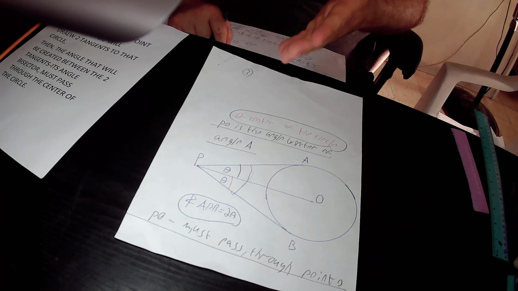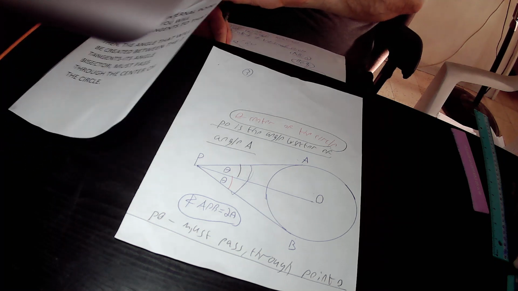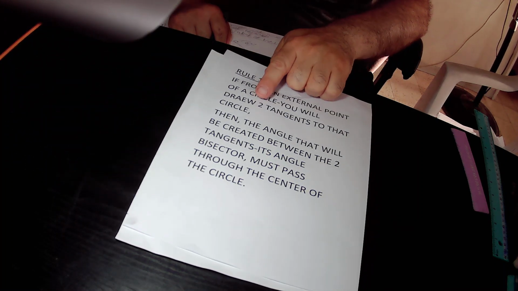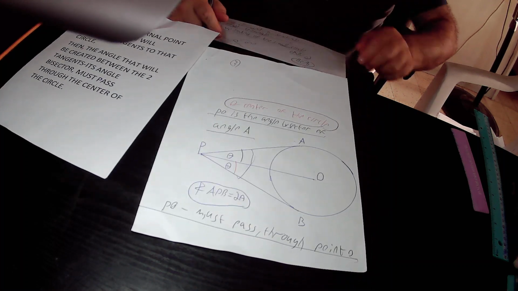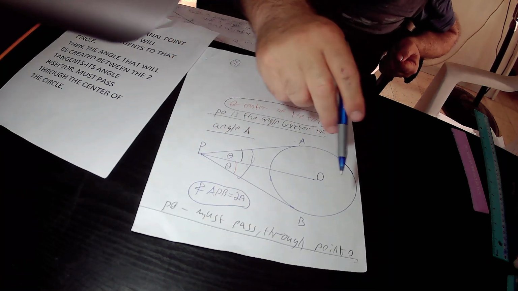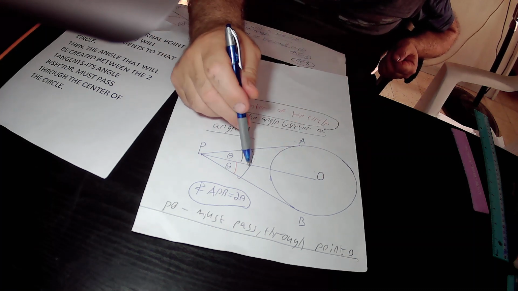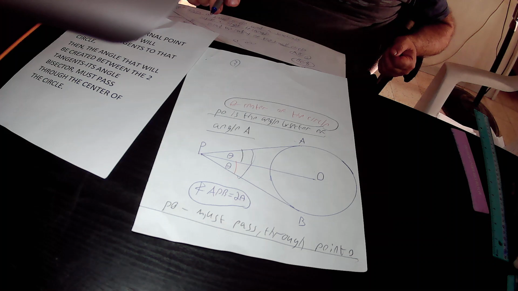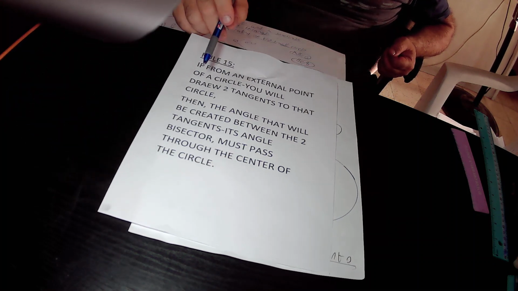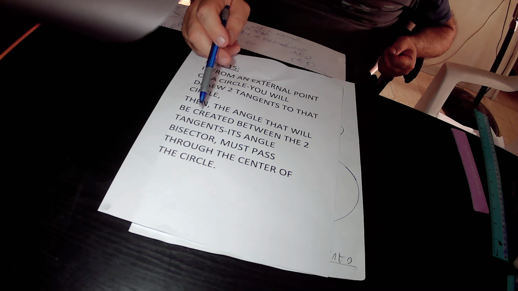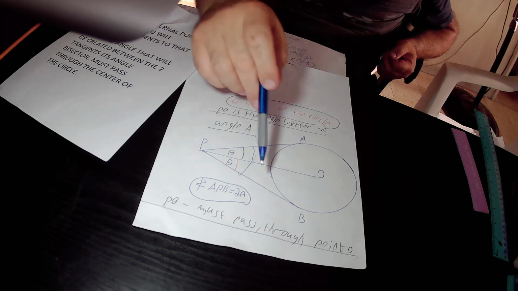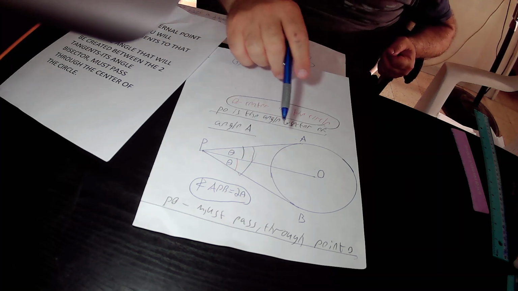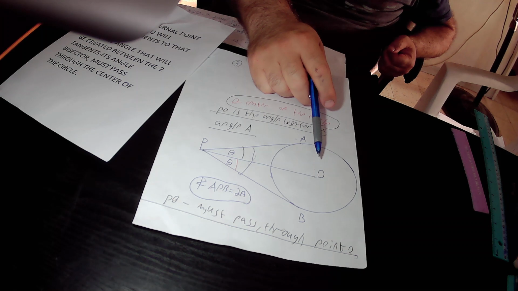According to this rule 15, the angle created by tangent PA and tangent PB is angle APB. According to rule 15, the angle bisector of this angle APB must pass through point O, that is the center of this circle.